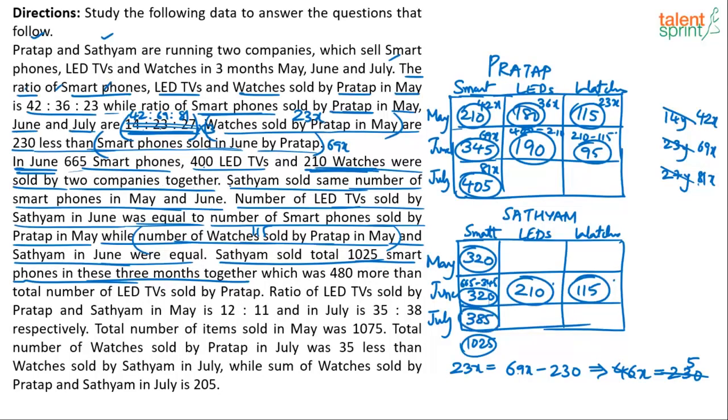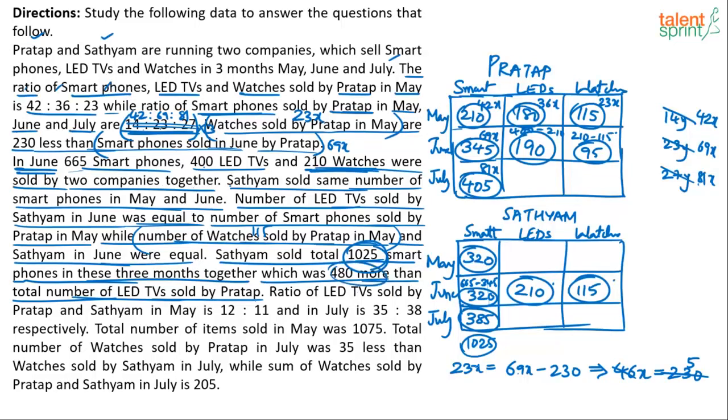385. Move on. Which was 480 more than the total number of LEDs sold by Pratap? Now look at this. Satyam sold a total of 1025 smartphones in these 3 months together, which here is 1025. This 1025 was 480 more than the total number of LEDs sold by Pratap. Total number of LEDs sold by Pratap is how much? 1025 minus 480.